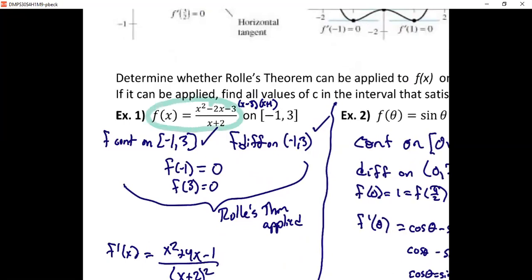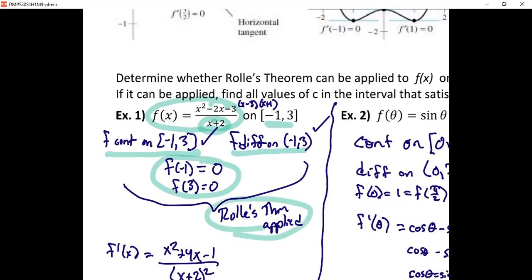Rational functions are continuous everywhere except where the domain doesn't exist, which would be at -2, not on this interval, so I'm happy. So I know that f is continuous on that closed interval, and I know it's differentiable on the open interval, followed by these two y values are the same.